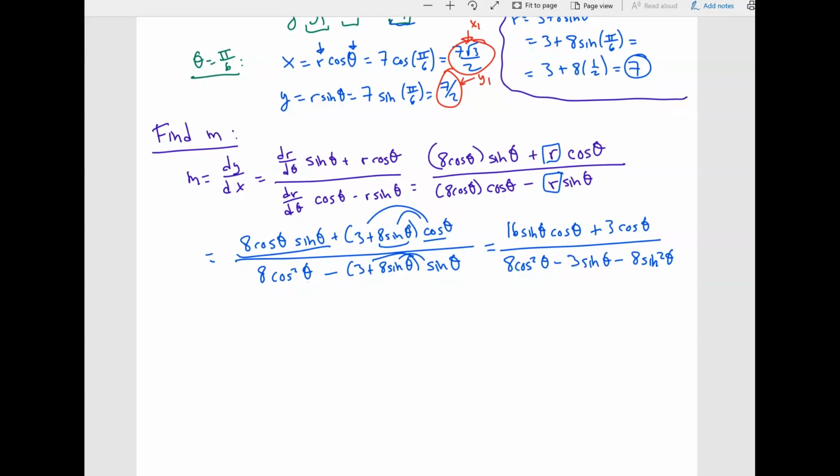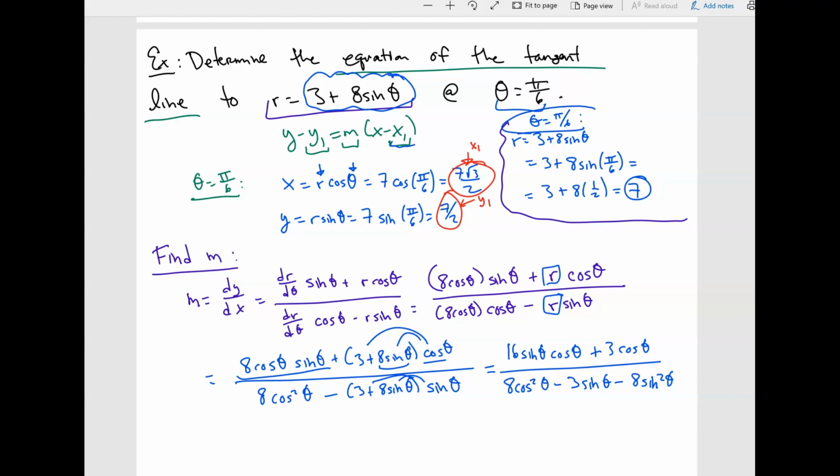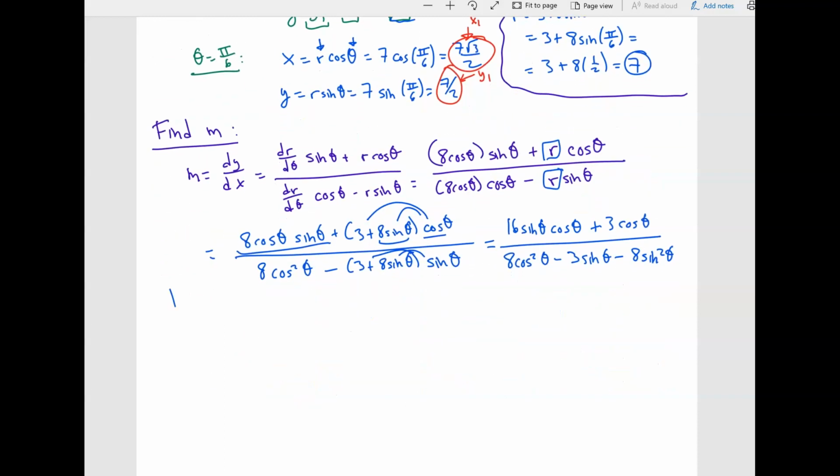Now notice that we only have theta, so we want to find the slope at pi over 6. For dy over dx, I'm going to plug in theta equals pi over 6.